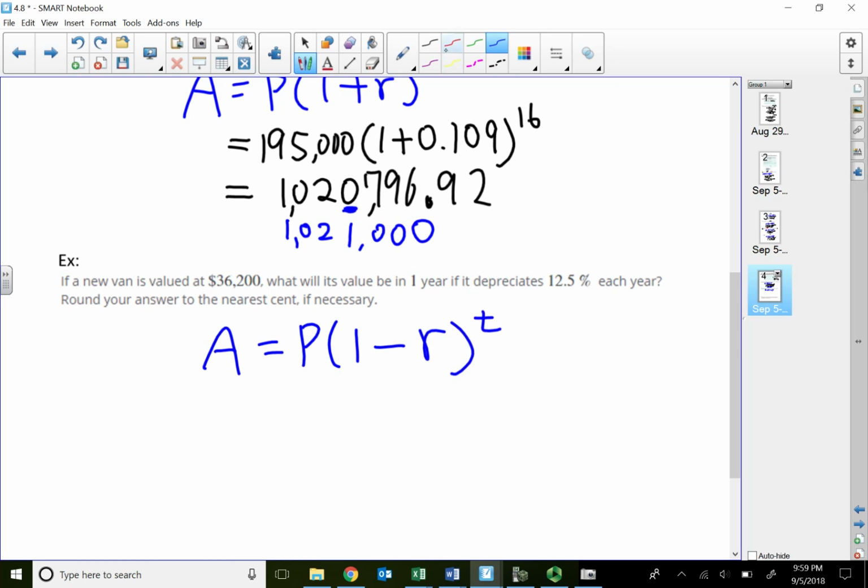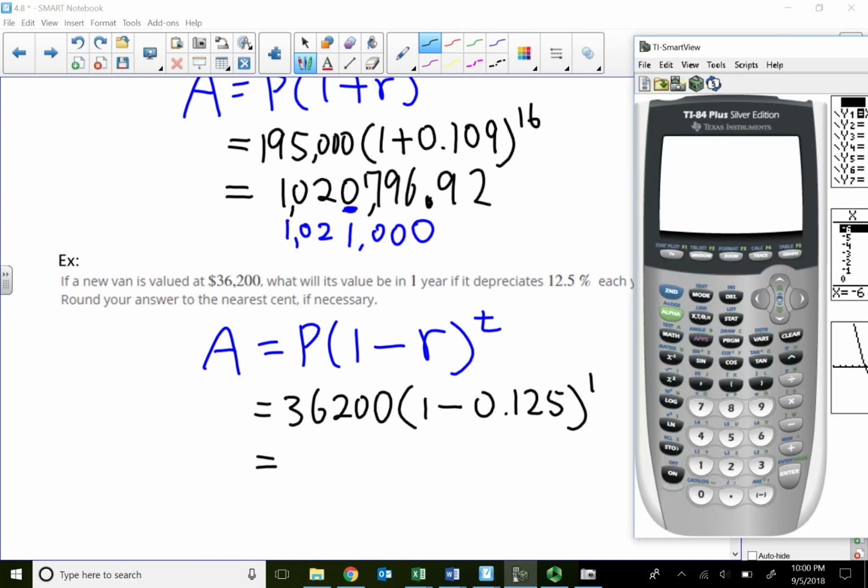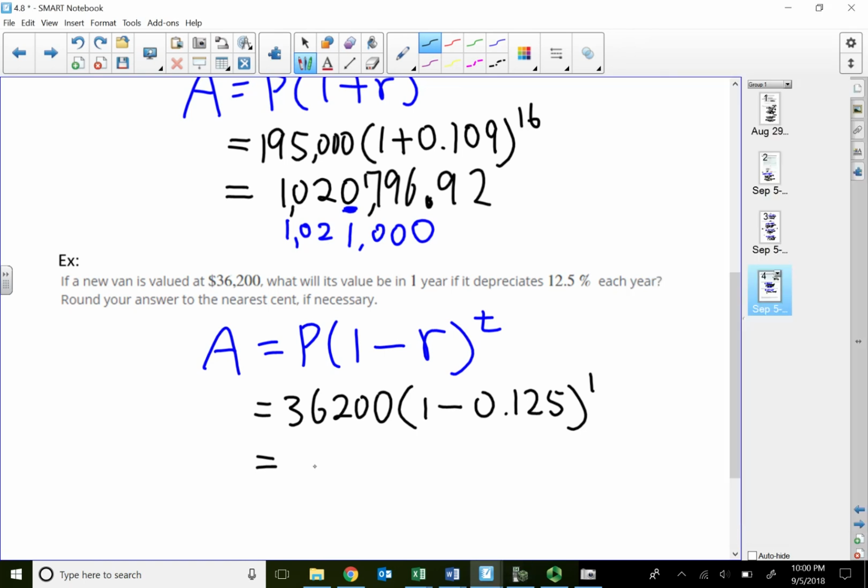So take my brand new van times 1 minus the depreciation of 12.5%, which is 0.125, raised to 1 year. I'm only going to do 1 year. 36,200 times 1 minus 0.125, whole thing to the first power. So the value of my van becomes $31,675.